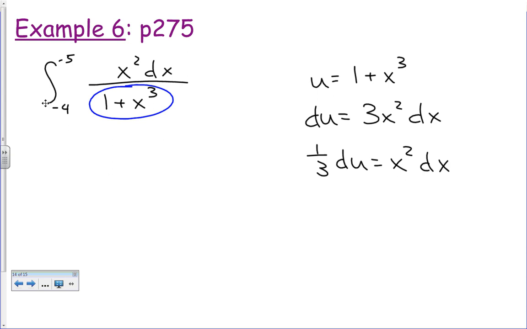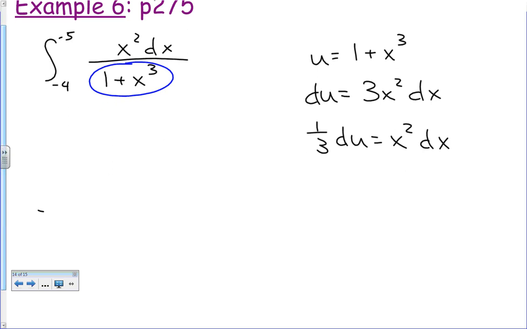And now we're all set for our substitution. So we have the integral, and I'll worry about the endpoints in just a second. Remember what happens here when we do a variable substitution with our endpoints. We'll come back and take care of those in a second. And the numerator here is x squared dx, so that's equal to the 1/3 du. And the denominator, 1 plus x cubed, we said was equal to u.